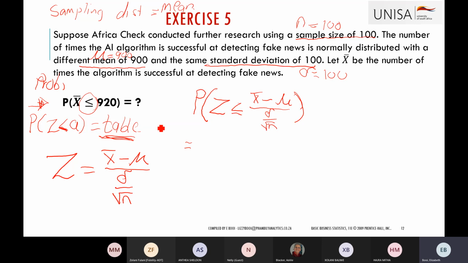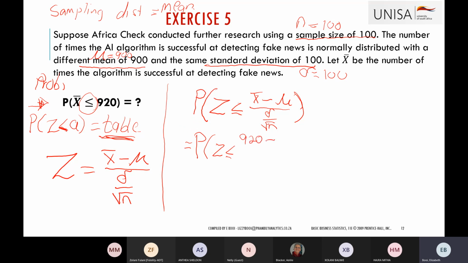We need to find the probability of Z. Our X bar is always given in the question, which will give us the 920.